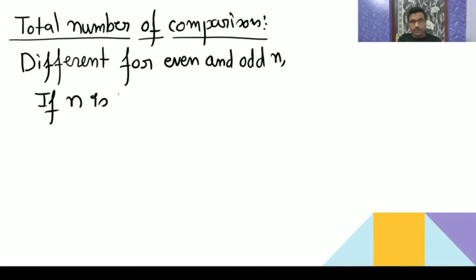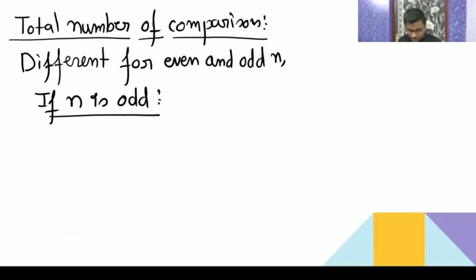If n is odd, now try to find how many comparisons you are going to do. First, you people give me the answer. First, you try, okay? Because this is the last topic of this last method, I have taught you how to find the number of comparisons. What is going to be the number of comparisons if n is odd? How many comparisons you are going to do?